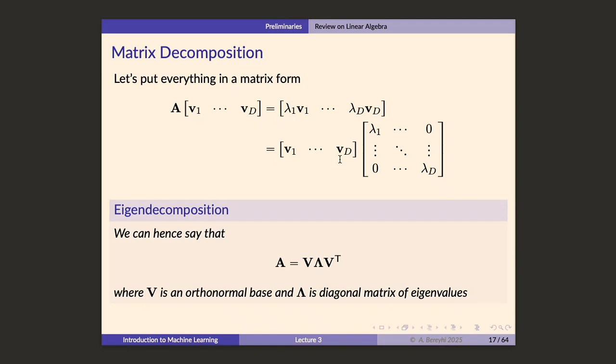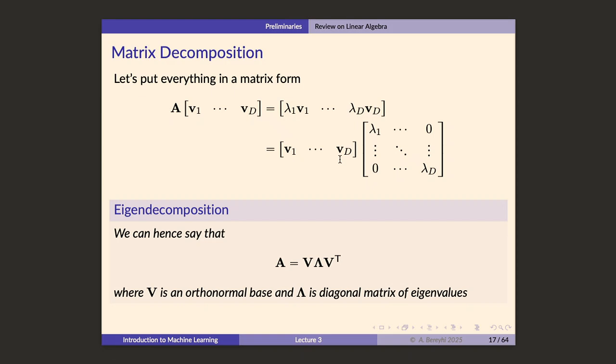So you're going to have this decomposition, which we call the eigendecomposition of the matrix. Every single column in the matrix V is an eigenvector, and every single diagonal entry in lambda is the corresponding eigenvalue. V transpose is the transpose of V, which if you multiply it with V itself, ends up being the identity matrix.